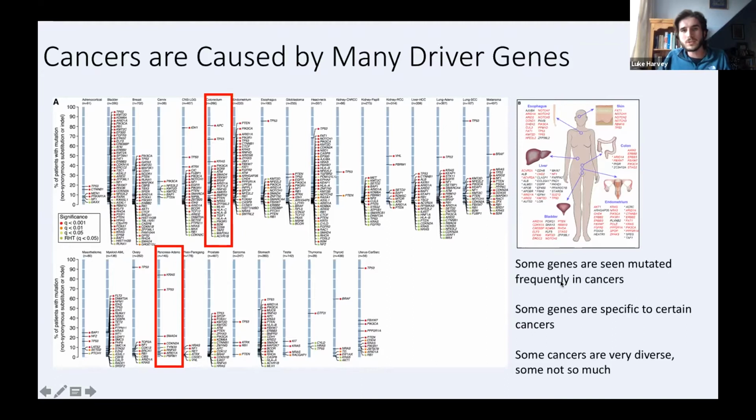However, there are some genes which are very specific to certain tissues, such as BRCA2 mutations in breast cancer. Some cancers, like colorectal cancer or bladder cancer, have many, many genes driving them. But for some cancers, like thymus cancer, only 4 genes are seen mutating. So there's an enormous diversity in cancer driver genes between tissues and within cancers.